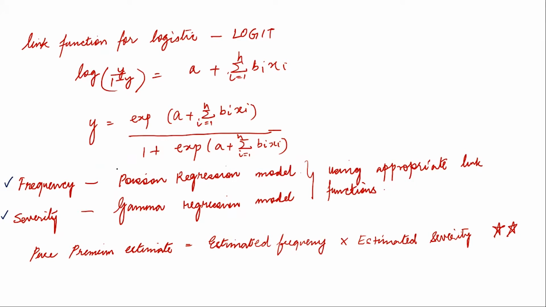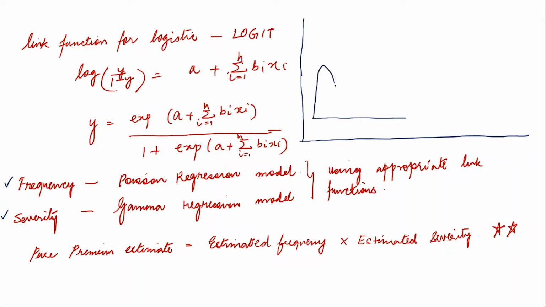Now, why are we choosing Poisson regression for number of claims? The loss curve for claims, you can see that it follows a gamma distribution. So we can make sense of that. But number of claims is supposed to follow a Poisson distribution.